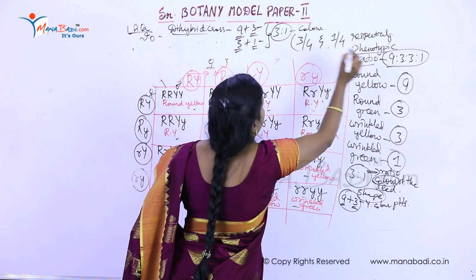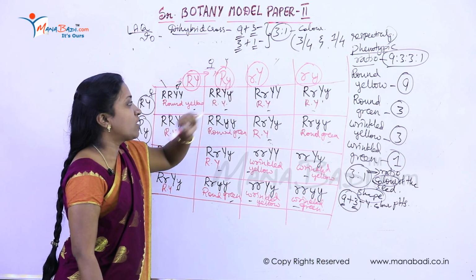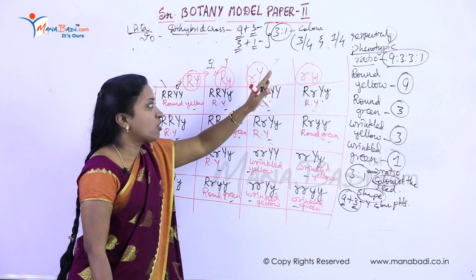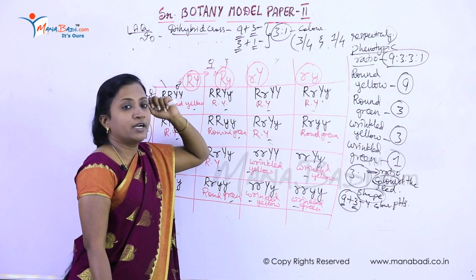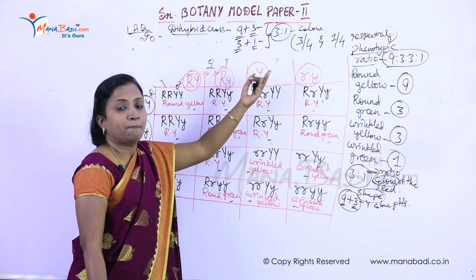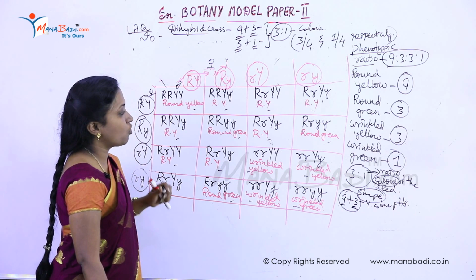In the sense that if 4 plants are produced, 3 are going to be yellow colored and 1 is going to be green colored. So that's the ratio here.